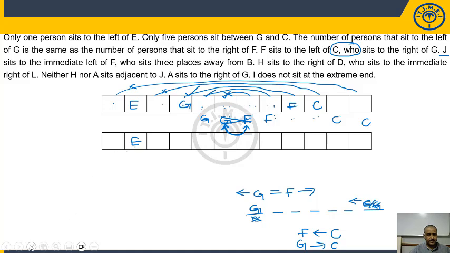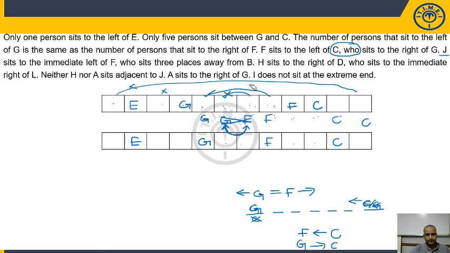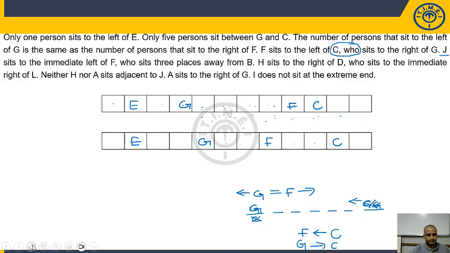Fifth from the left hand and fifth from the right hand. So fifth from the left hand is here G, and fifth from the right hand is here F. 1, 2, 3, 4, 5, C is here. So one of these two possibilities will be correct.